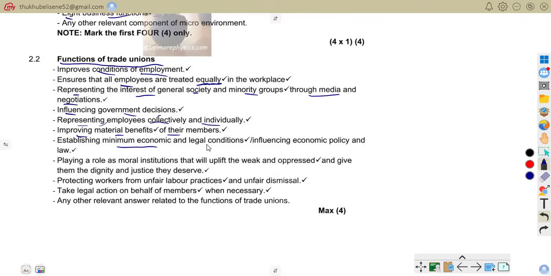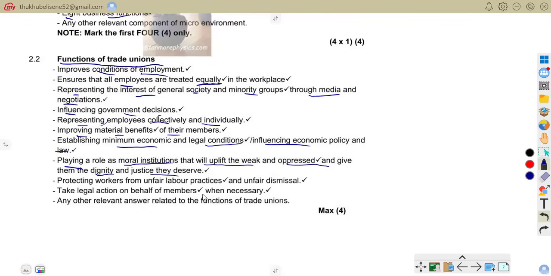Establishing minimum economic and legal conditions, influencing economic policy and law. Unions help establish basic labor standards such as minimum wages and working hours, playing a role as a moral institution that will uplift the weak and oppressed and give them the dignity and justice they deserve.